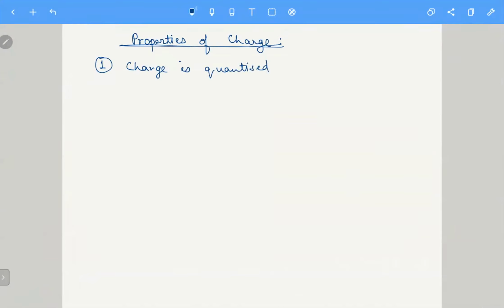It's an important point. It's an important term, quantized. So let us discuss in brief what is quantization.